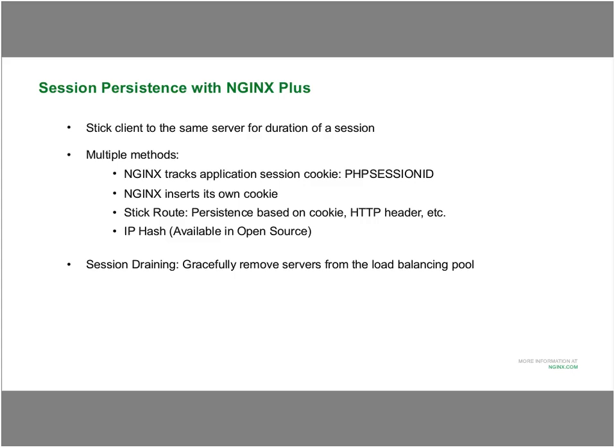And there's a more simple IP hash, which basically just uses the IP address, and clients from the same IP address, or the same group of IP addresses, the same subnet, are all sent to the same server. Session persistence is an NGINX Plus feature, except for the IP hash, which is available within our open source offering. The downside of IP hash is that it's based on the network, on the IP address.